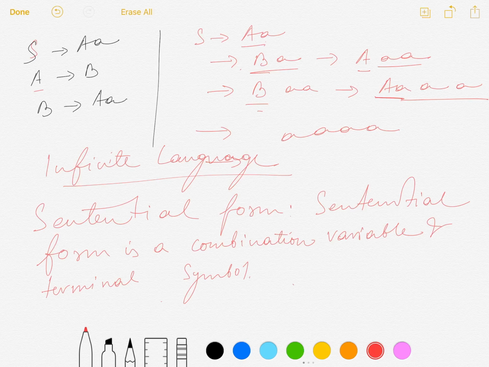If I write like this a, that means it consists of a combination of variable and terminal symbol, it is a sentential form, and if it consists of only terminal symbols, in that case it is called a sentence, not a sentential form. So, hope you understand the difference between sentence and sentential form.